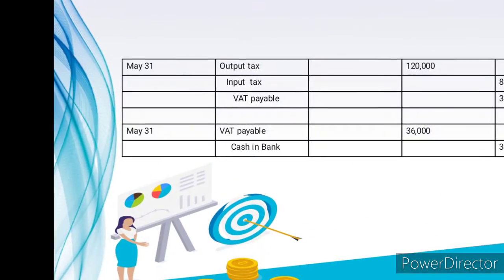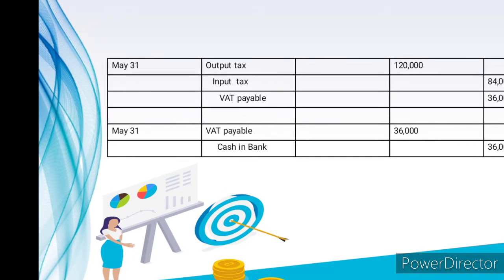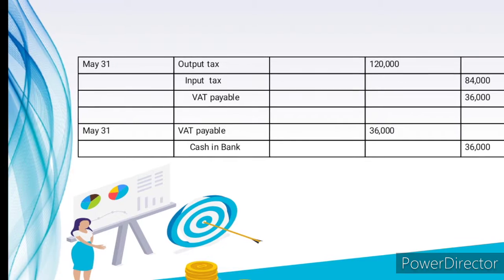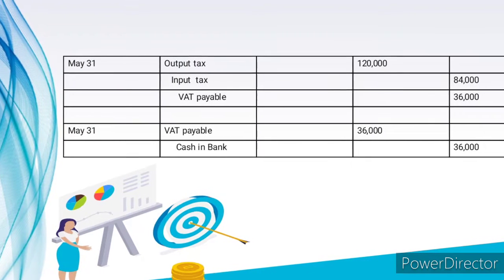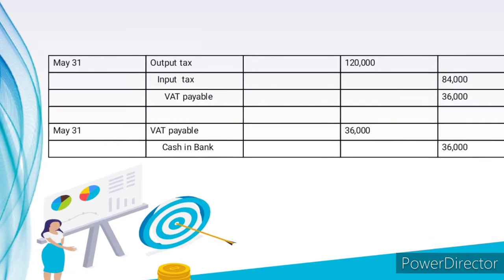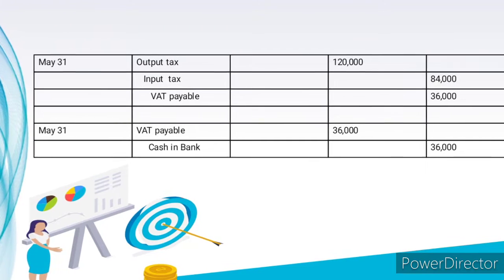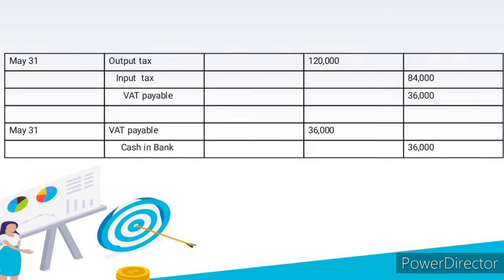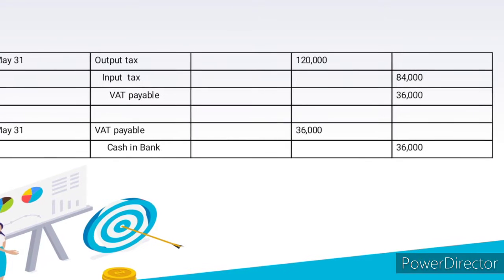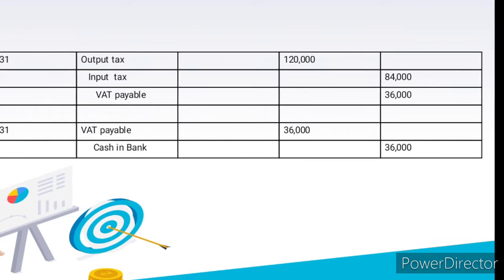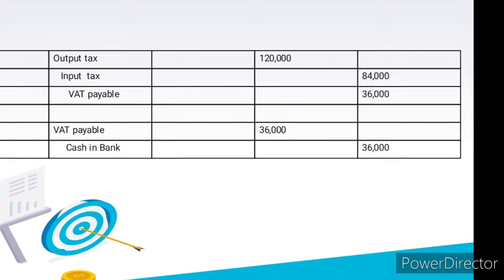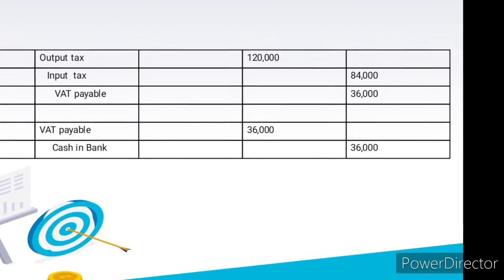On May 31, 2019, debit side output tax 120,000 pesos, credit side input tax 84,000, credit side VAT payable 36,000 pesos. On May 31, value-added tax payable 36,000 pesos on the debit side. On the credit side, cash in bank 36,000 pesos.